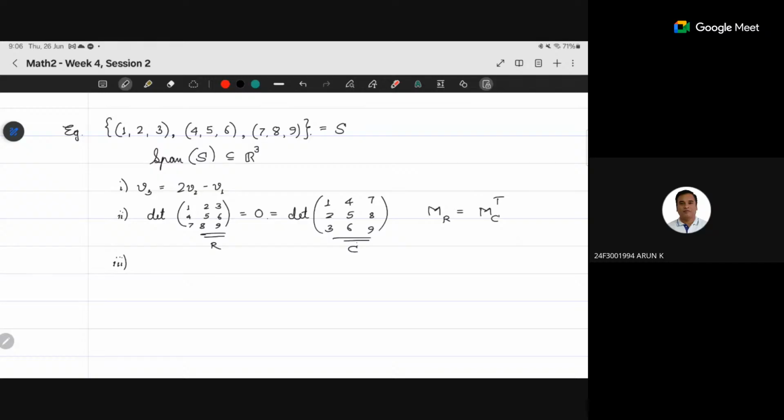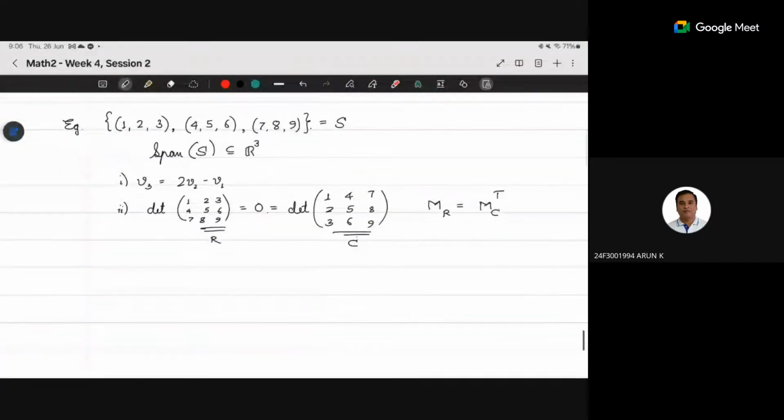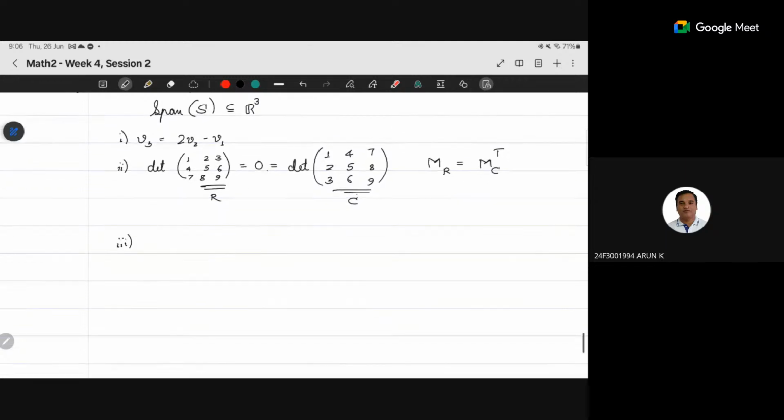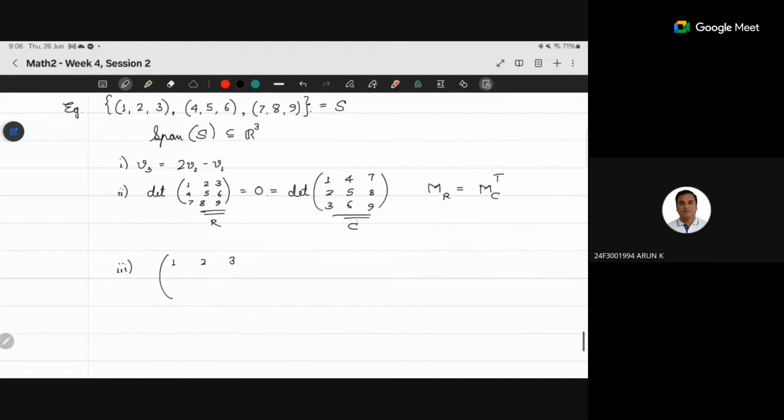But next I will discuss the row method and column method for the general case where you might not have square matrices. There the order matters. So the other thing that we can do is arrange this in such a way that the vectors are in the rows.